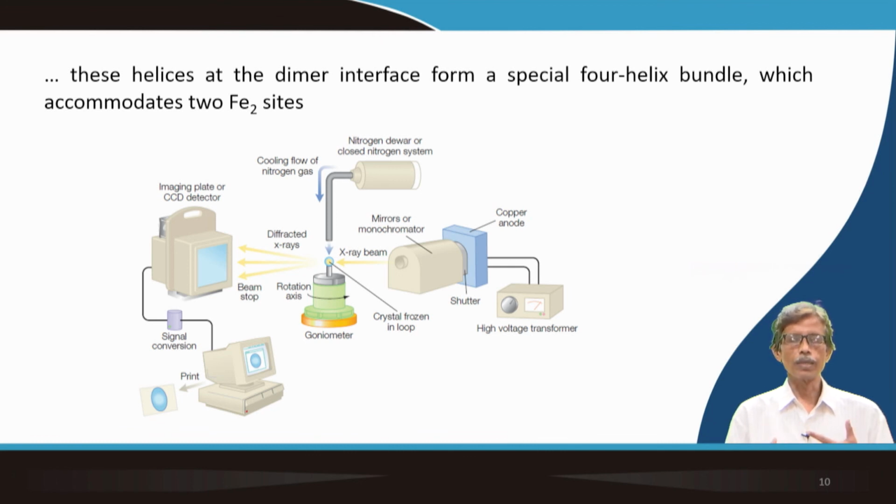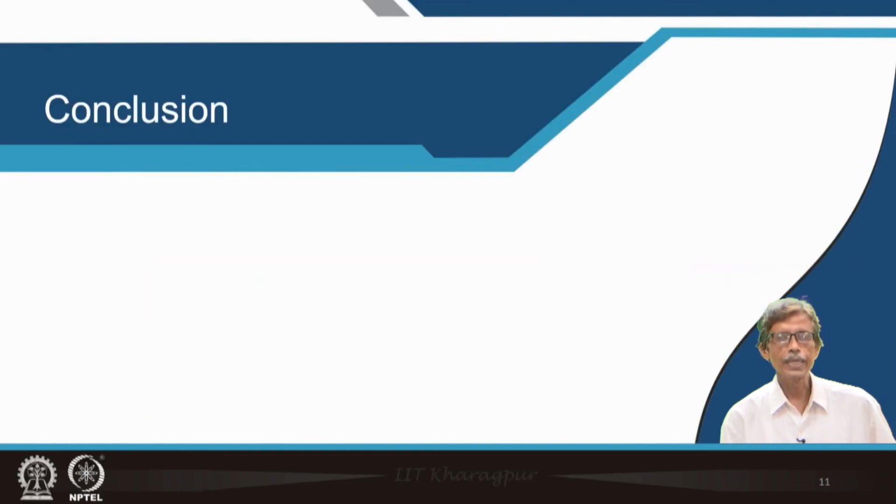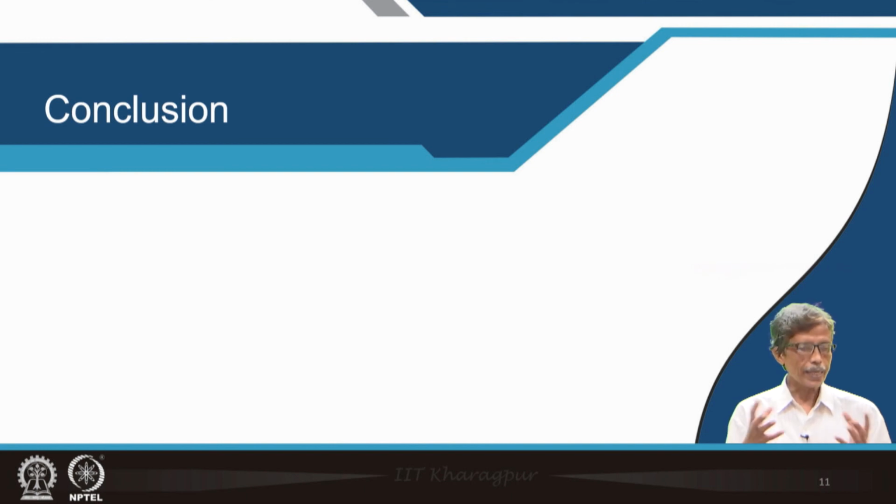So, all these things, the modeling and all these things, are ultimately there. You have the source which is impinging on the sample, you have the detector and then finally the printout. That basically gives us all this information in our hand, so that you determine the structure and find out the corresponding site, whether a di-iron site is present or not, and the protein structure. Interestingly, if you go for the entire protein structure, you find not only the location of the iron site, which is helpful because a particular type of X-ray diffraction technique is useful, the heavy atom method we call.